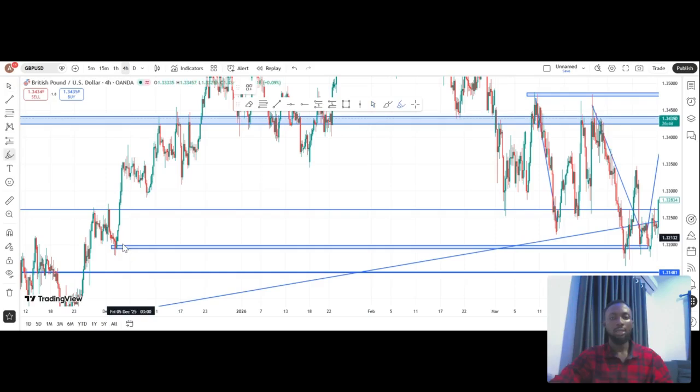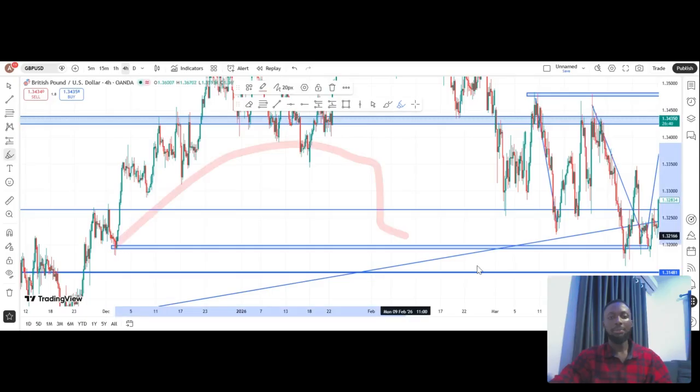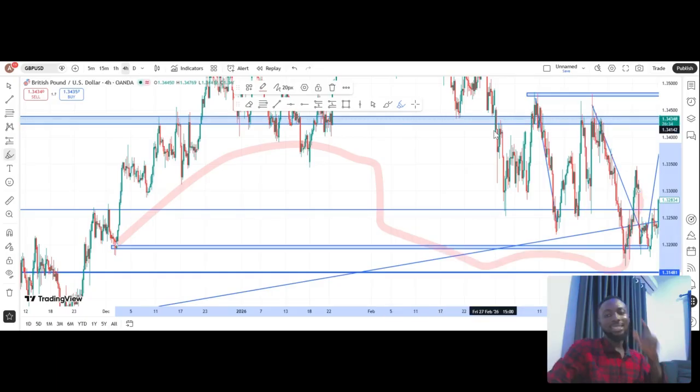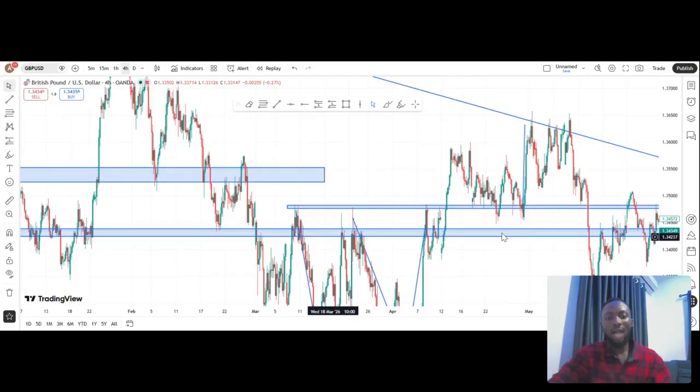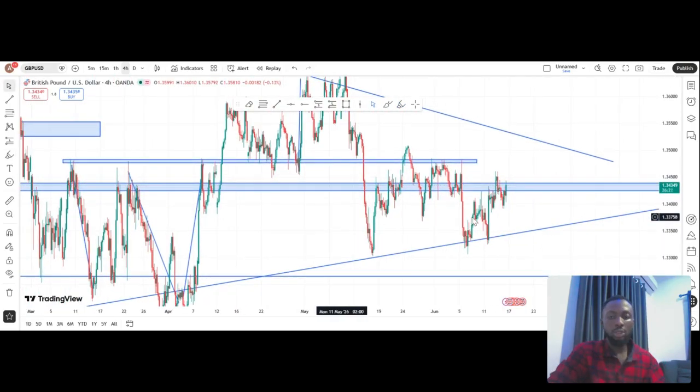It's bounced up from here, came back all the way down, and then bounced up from here again. So that is what we call levels. That is what market levels can do to the price action. And those levels are where we actually look to go into the market.